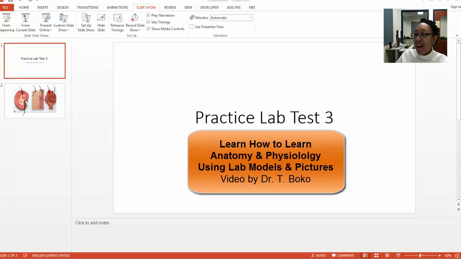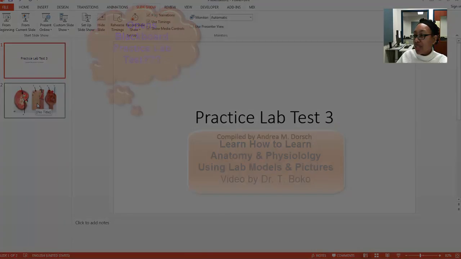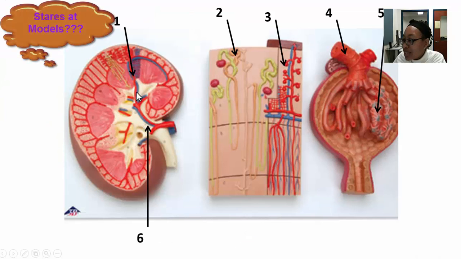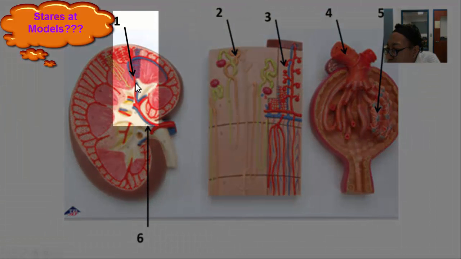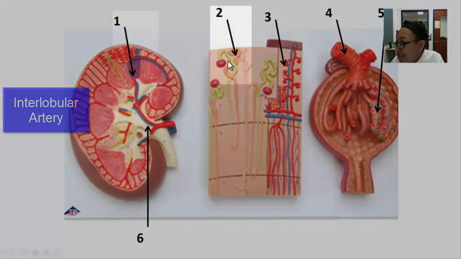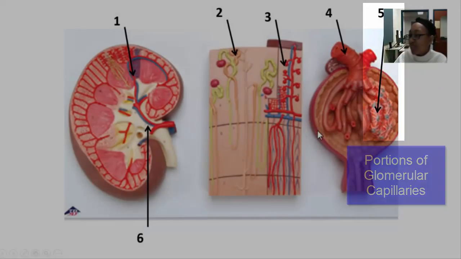Hi, students. Are you someone who opens up a practice lab test from Blackboard and then takes a look at some of the slides and stares at the models exactly where the structure has an arrow and a number, of course, such as here, here, and here?